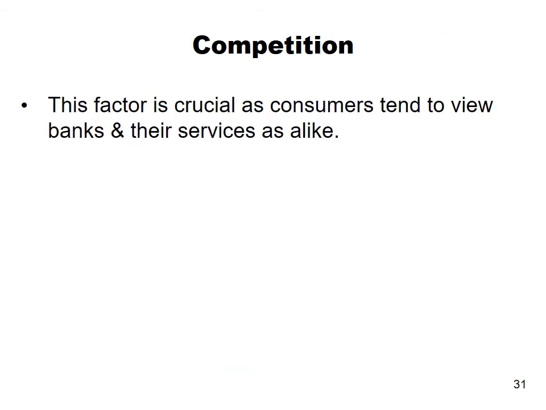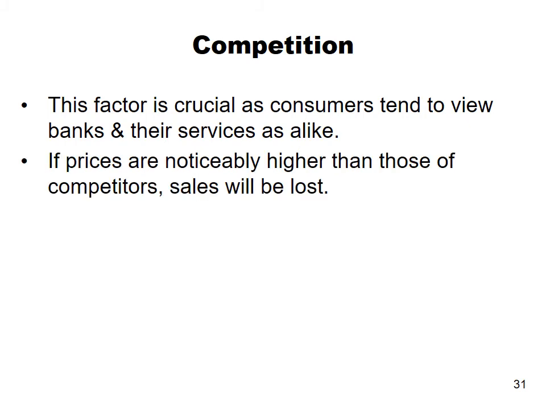Competition. This factor is crucial as consumers tend to view banks and their services alike. Just like savings accounts for the 3 local banks, there isn't much difference between the savings accounts offered by OCBC, UOB, and DBS. If the prices are noticeably higher than those of competitors, sales will be lost.